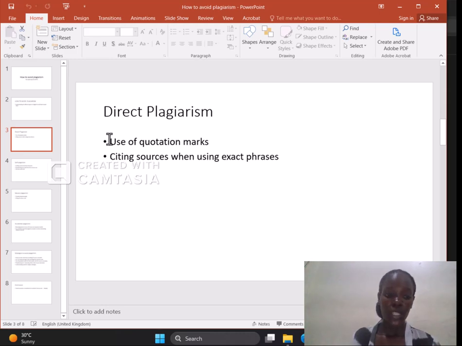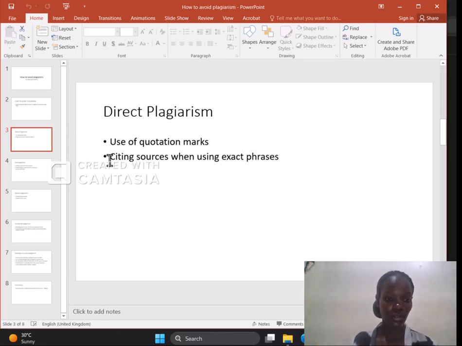Some of the ways we can reduce direct plagiarism are the use of quotation marks. You use quotation marks to quote someone's words, because in most cases you're copying word by word without changing anything. So if you're going to do that, you simply use quotation marks to show that the words in quotes were not your words, but the words of the owner of the source you used.